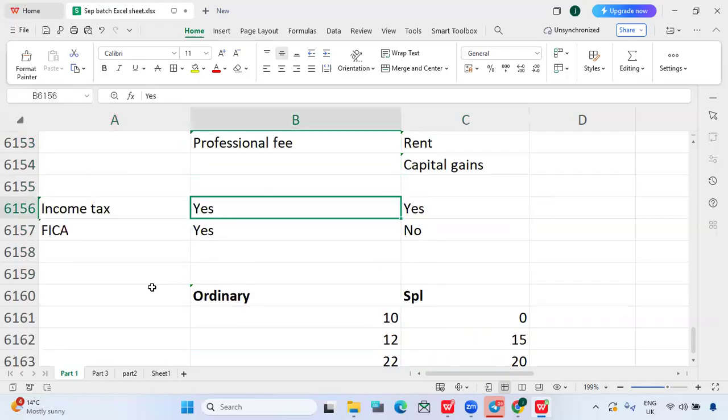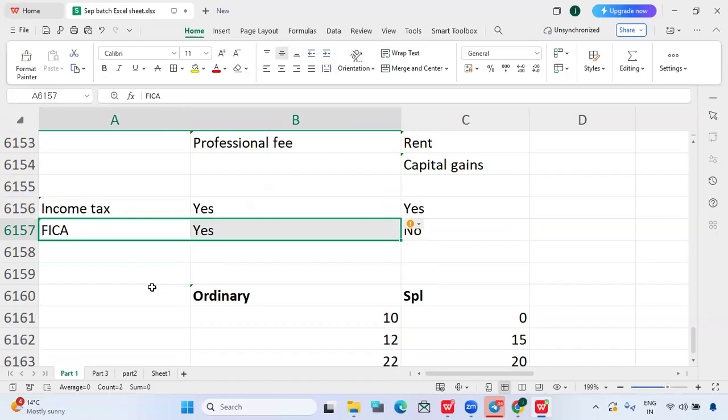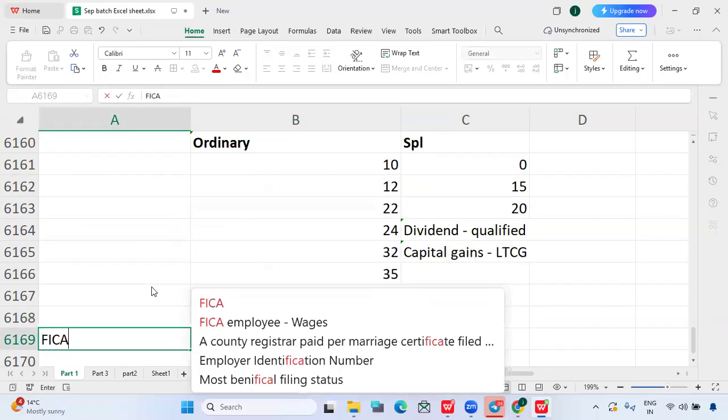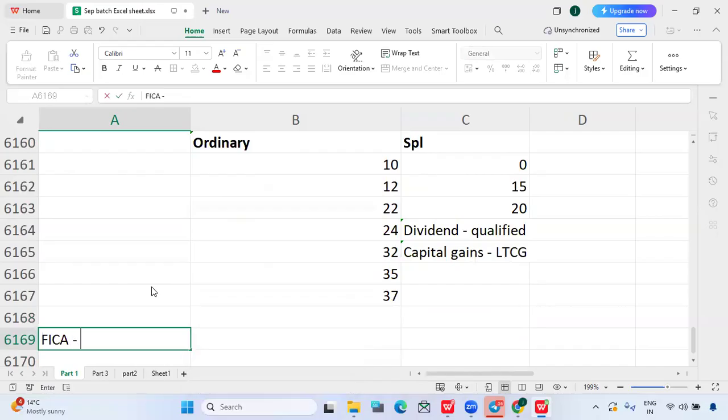Now income tax. We understood incomes are of two types: earned income and unearned income. Income tax we have to pay in both cases, and FICA taxes we have to pay only on earned income. What is the full form of FICA taxes?